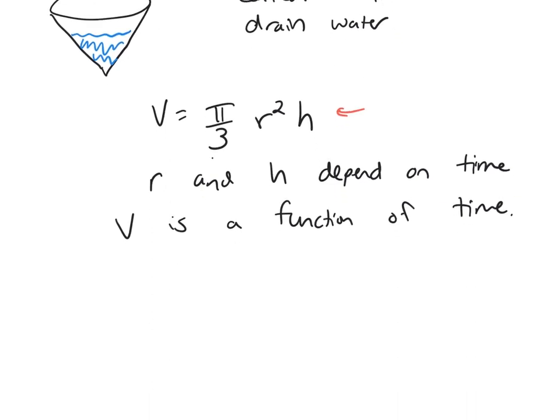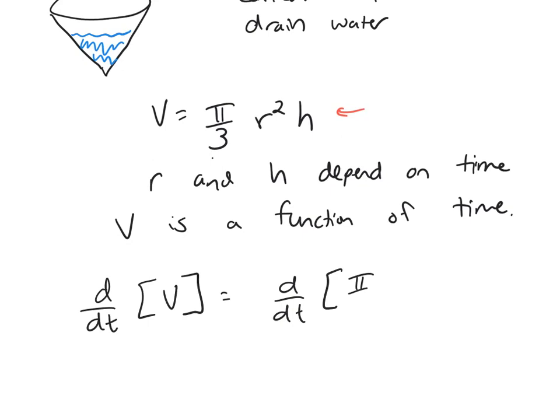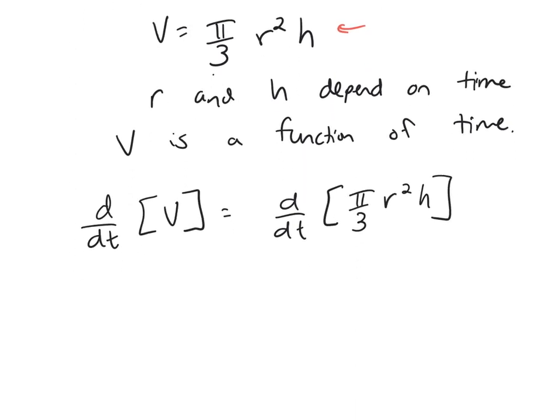And so what we could do is we could take the derivative of both sides with respect to time, just like we did when we did implicit differentiation. Take the derivative of both sides here, and on the left you'll get dV dt, the derivative of volume with respect to time, and then over here we have pi over 3, which I'm going to factor out, and then I have a product, so I'm going to have to use the product rule.